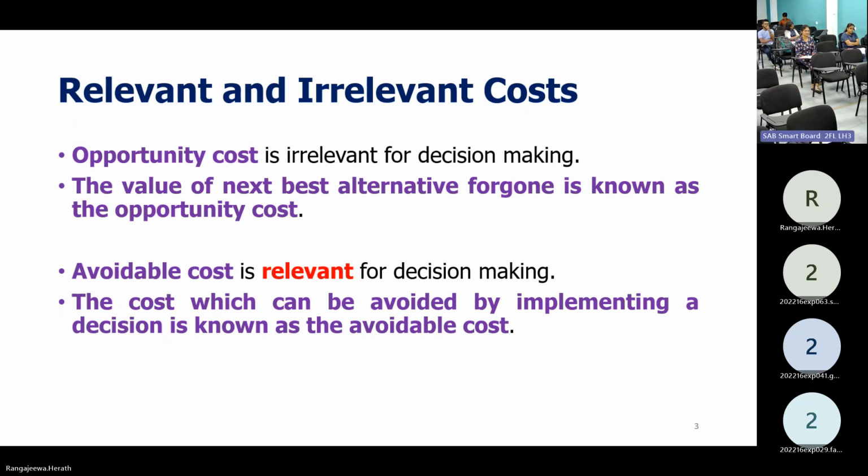In all three scenarios, you have to transport it to the buyer's place. That will cost you 2 rupees. You also have to package it. Packaging cost equals 2 rupees per package. That packaging cost is an unavoidable cost for all three alternatives, so it is irrelevant.